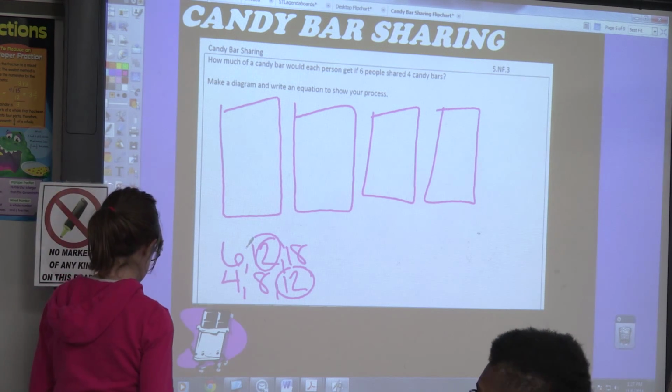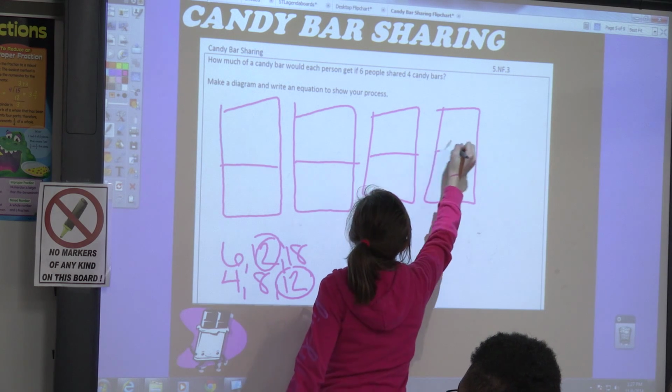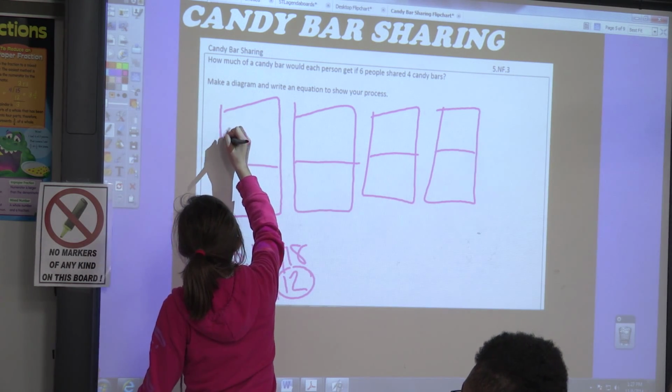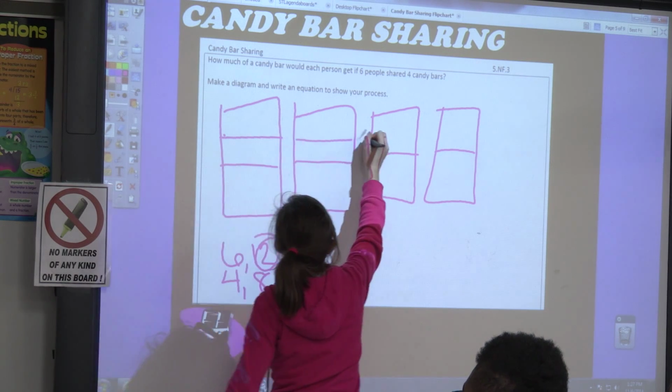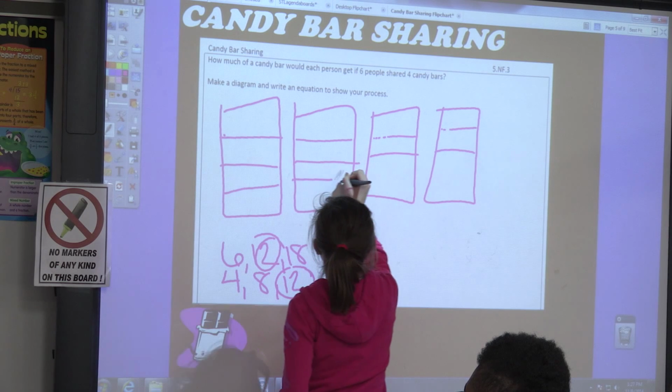So then there's 6 people, so I split each candy bar in half, and another half in half, and the other half in half.